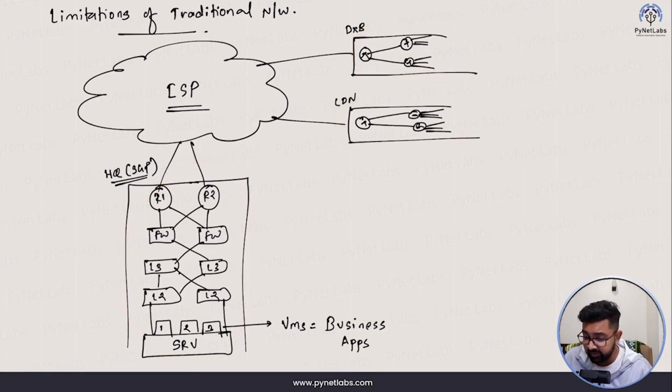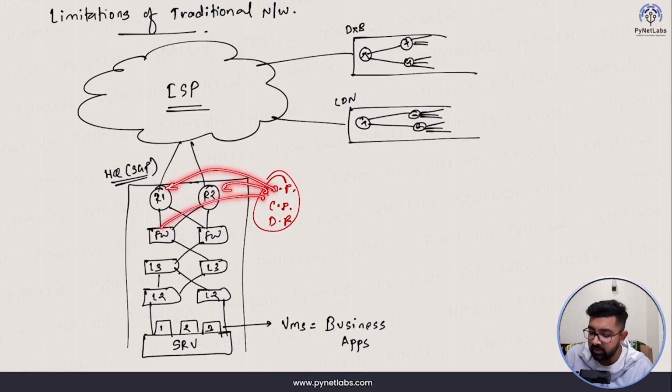And while configuring that, remember that your management plane, your control plane, and your data plane are individually available on all the devices. So the admin needs to connect to these devices and configure them with the required parameters, right? So that's kind of a limitation.